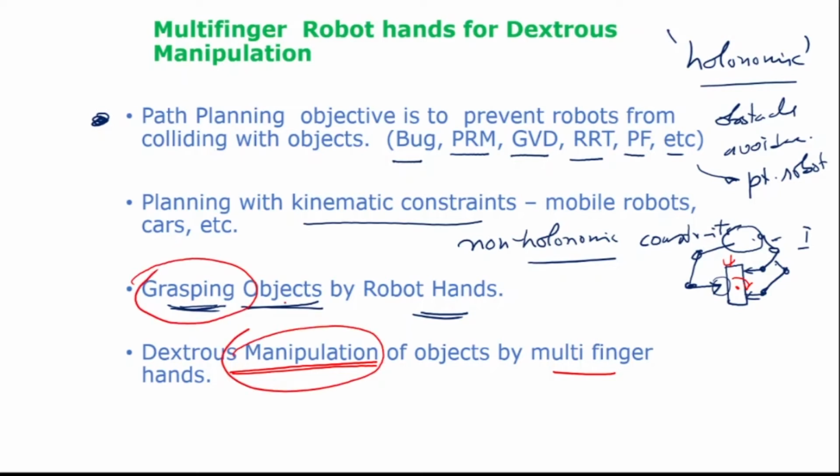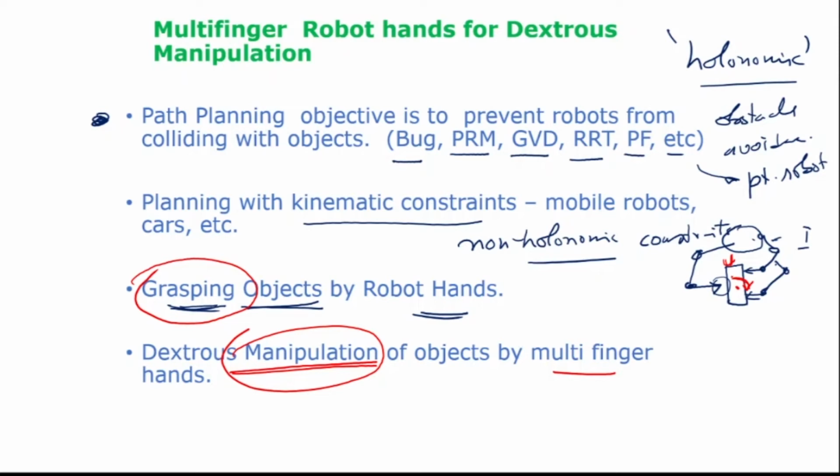Now, grasping and manipulation are a little different, though they are also path planning, because this object must move in a particular way, and hence there has to be some path plan. It's a little different from obstacle avoidance in the sense that there we don't make contact, and here we are making contact.